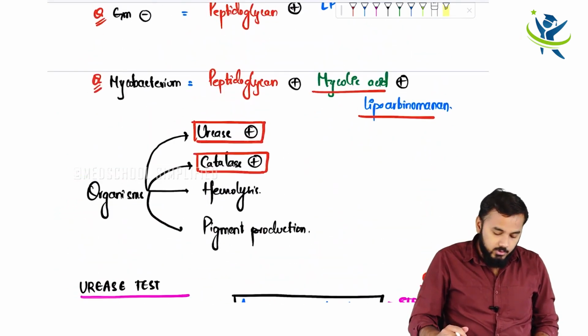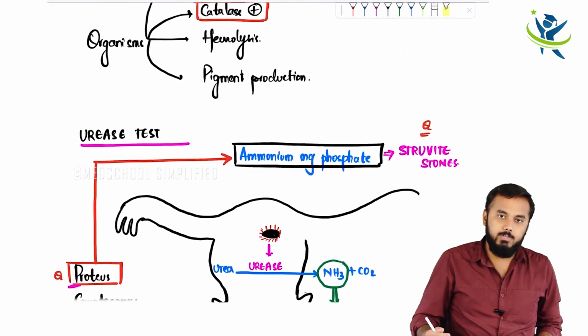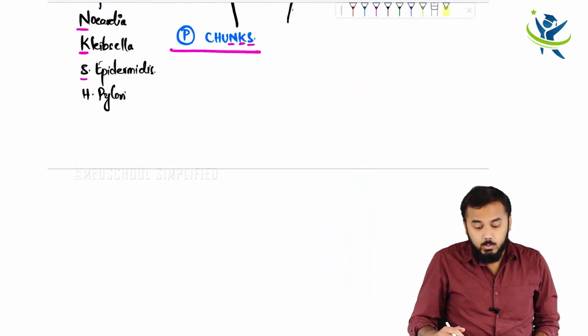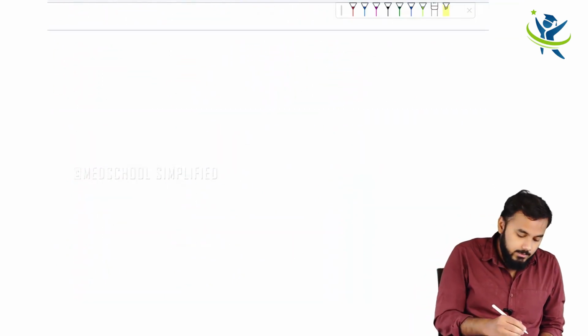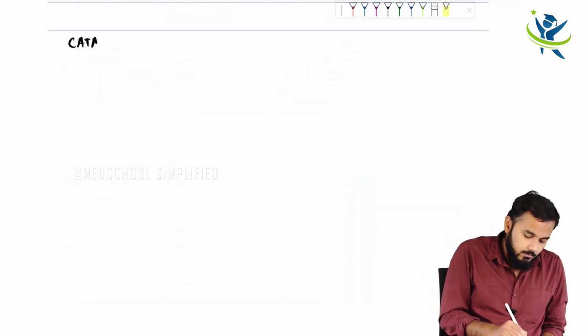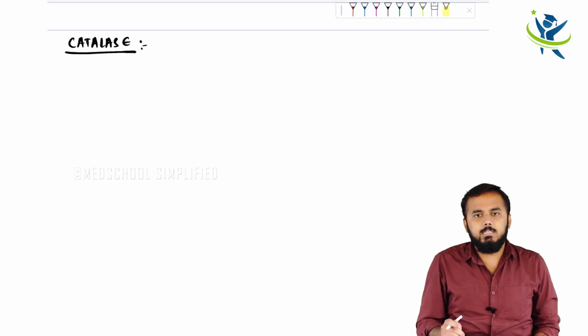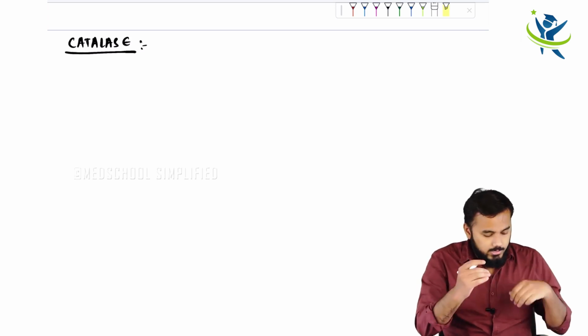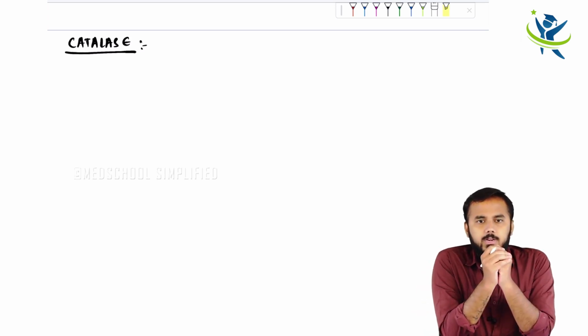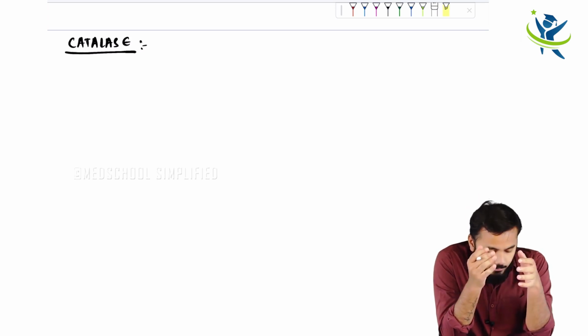Now the last topic we'll be discussing is catalase positivity. This is very important, guys. I'll tell you why. Same concept: organisms which release catalase are called catalase positive organisms, and organisms which do not release catalase are called catalase negative organisms.